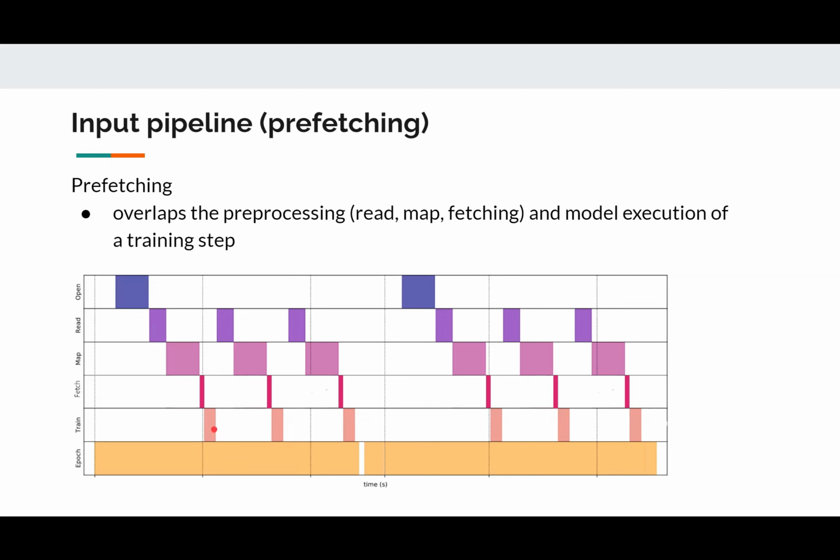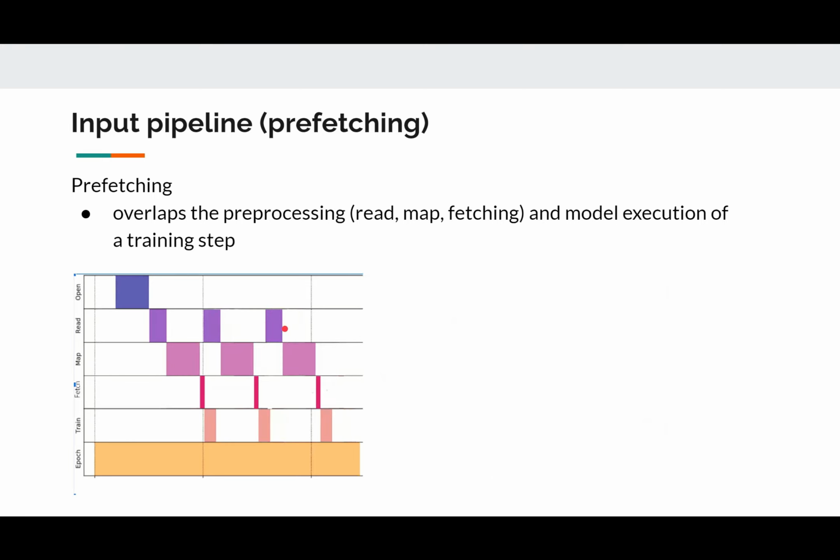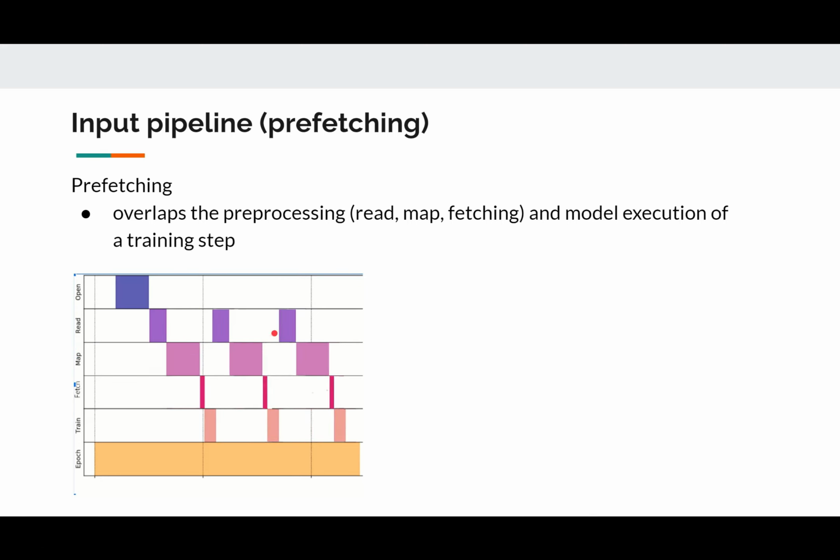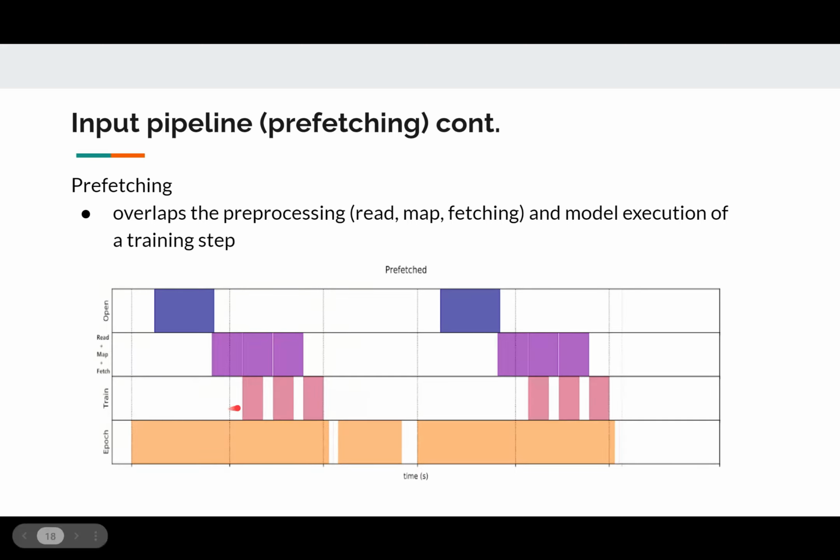You actually can shorten the process. Basically, you can make them tighter. By doing this, you can save a lot of time. So that means I can group read, map, and fetch into one unit, something like this.